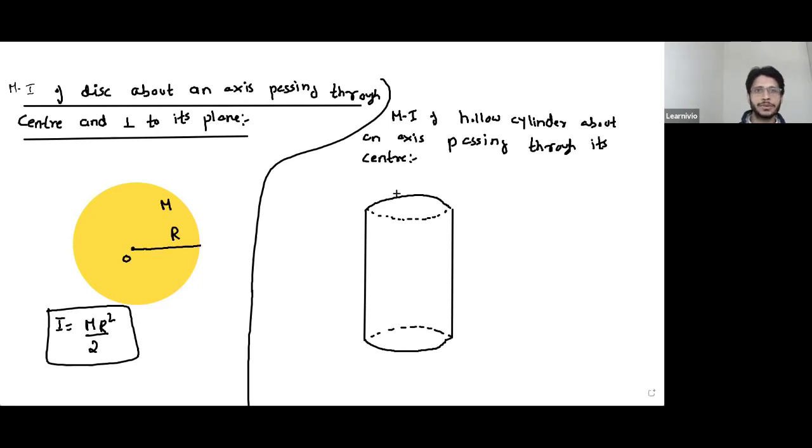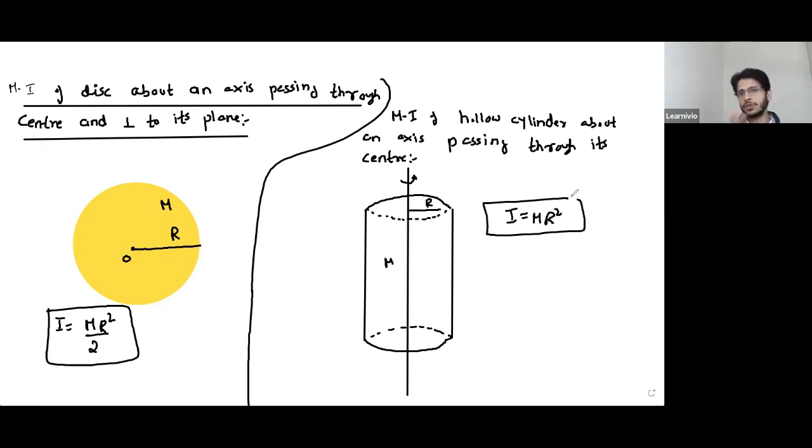You have an axis which is passing through the center of the cylinder. The radius of the cylinder is r, the mass of the cylinder is m. If the cylinder is hollow, then the expression of moment of inertia is same as that of ring. You need not derive these results. You should know the derivation of ring and rod only. So if you have a hollow cylinder, the moment of inertia is same as that of a ring.